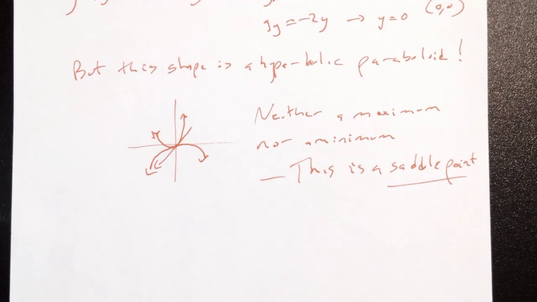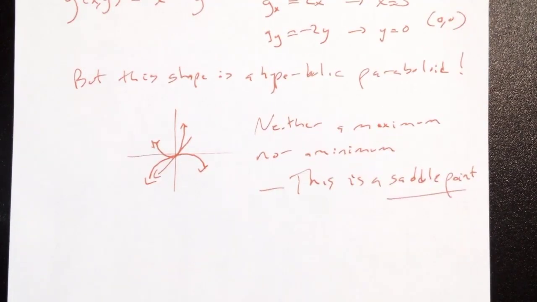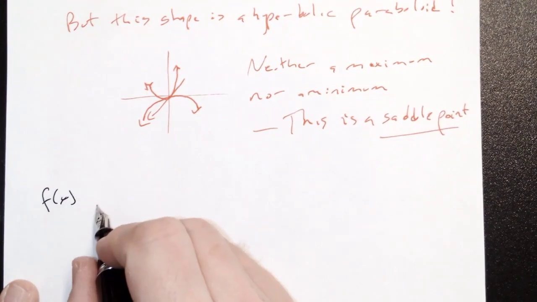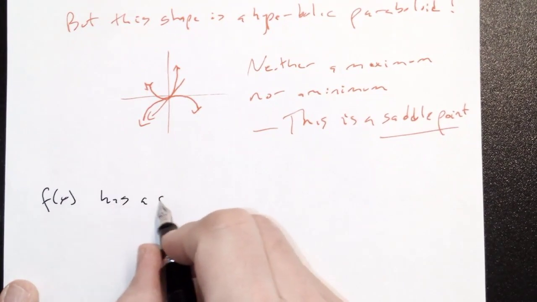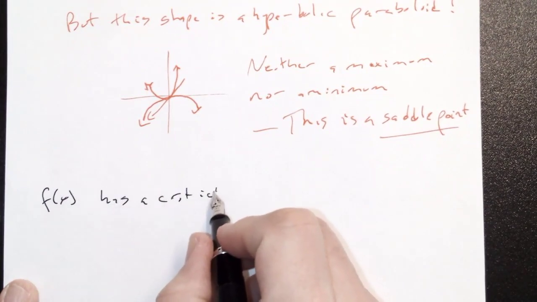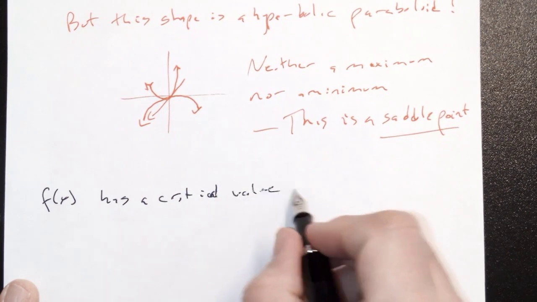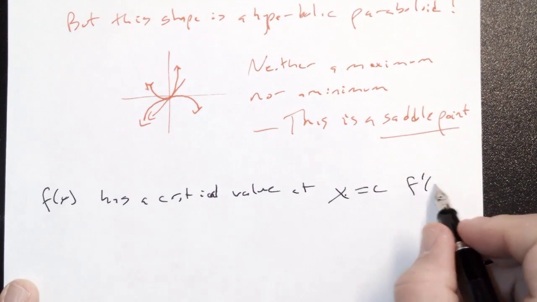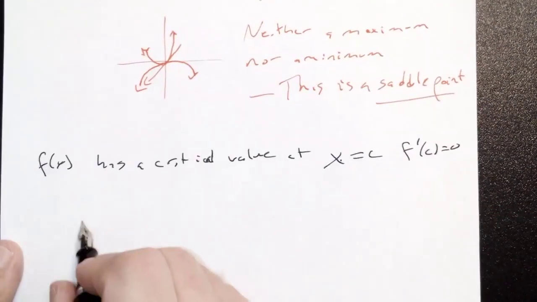But I look at the second derivative. So my second derivative test. Let me go back to Calc 1. f of x has a critical value at x equals c. f prime of c is 0.